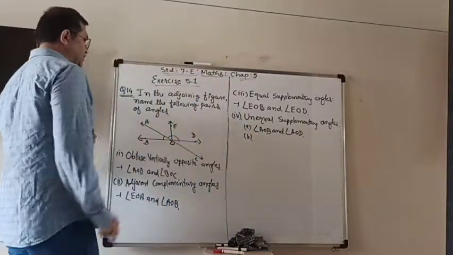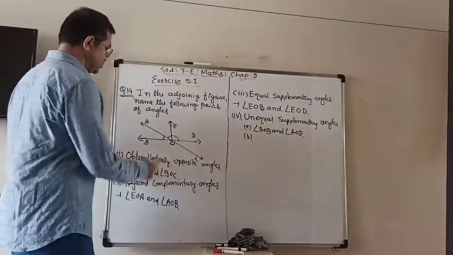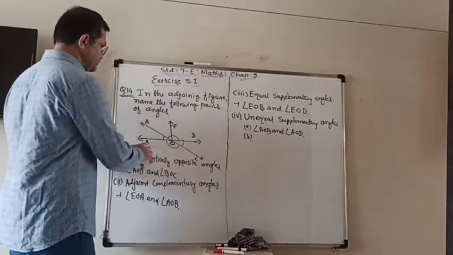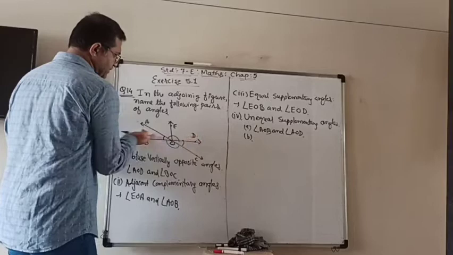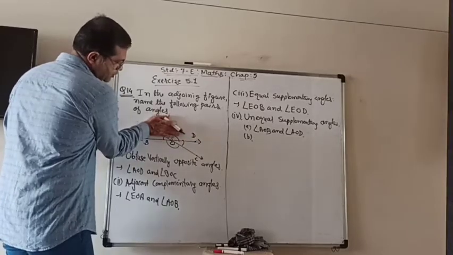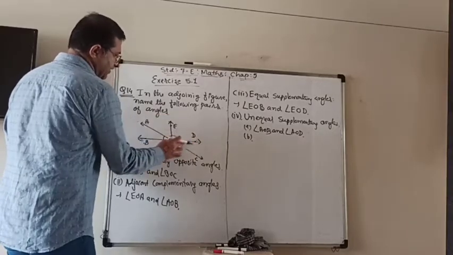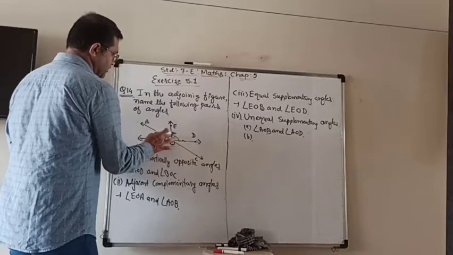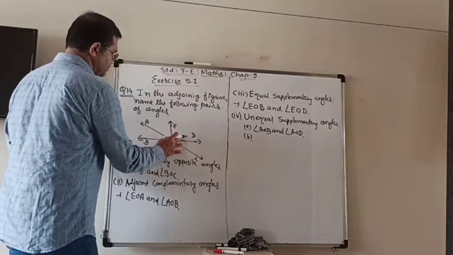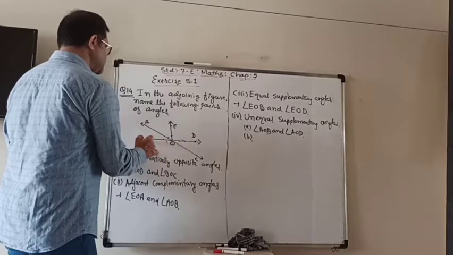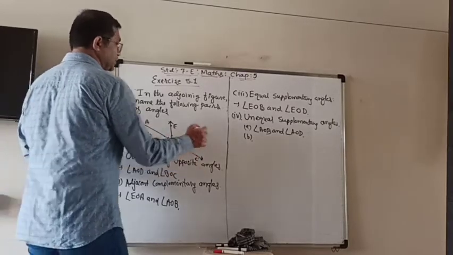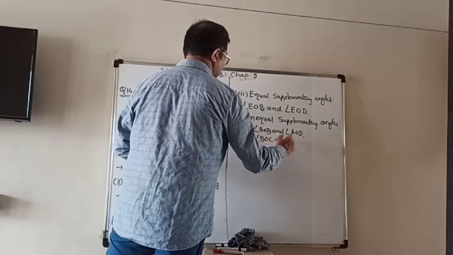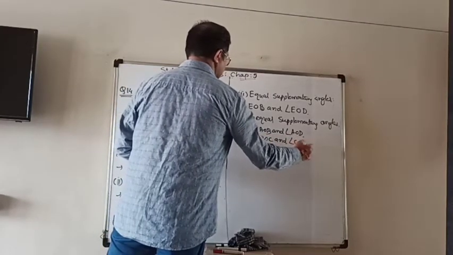Similarly, you can get another one downward also. Look at this one. Angle BOC and DOC. They are making a linear pair, so they are also supplementary but not equal. So you can write angle BOC and angle COD.